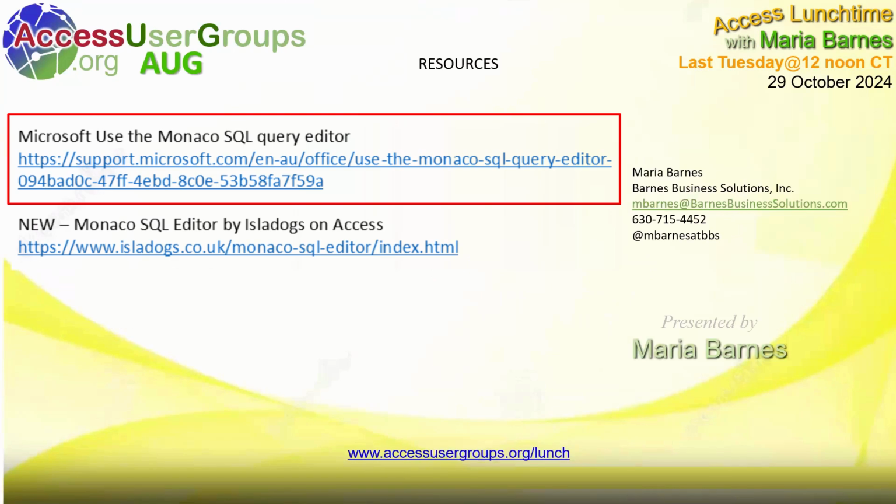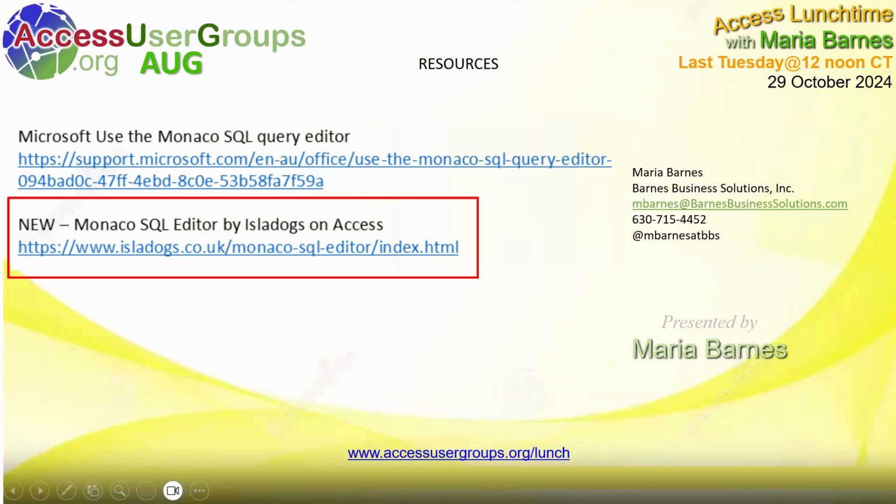Okay, then I'm leaving you with a couple of resources. The first is Microsoft's Access Team's documentation on the Monaco SQL Query Editor. It's fairly good and has some pretty basic information about how to use it and the features that are there, most of which I think we've covered in today's topic, but it's nonetheless a great source of reference for you.